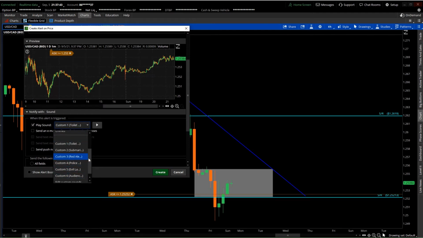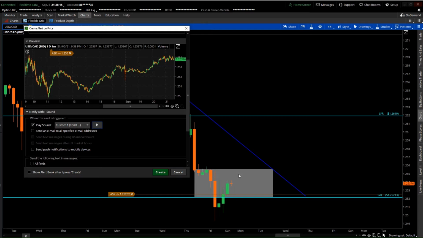These alarms here are custom alarms that I downloaded off the net. So this alarm, this is what it sounds like. So if price is falling or flushing down, that's the alarm for if price hits this bottom level here.